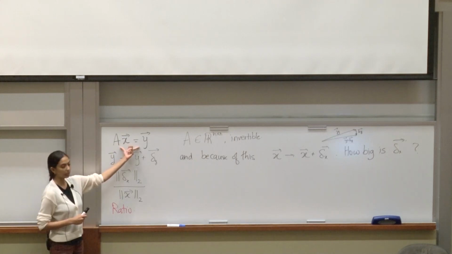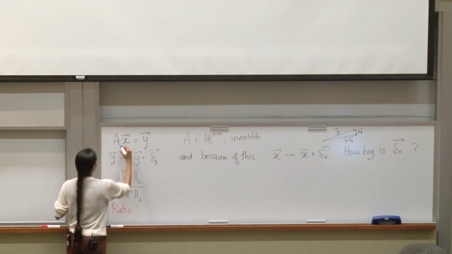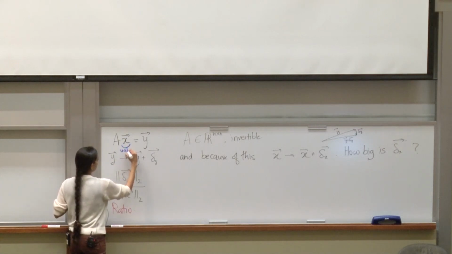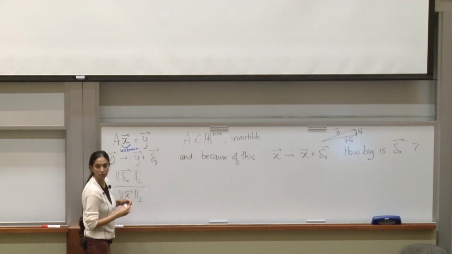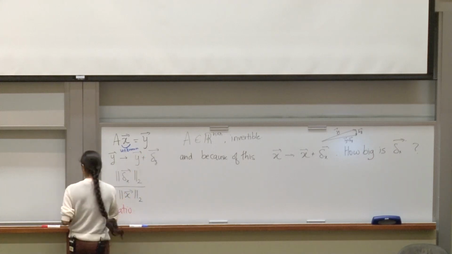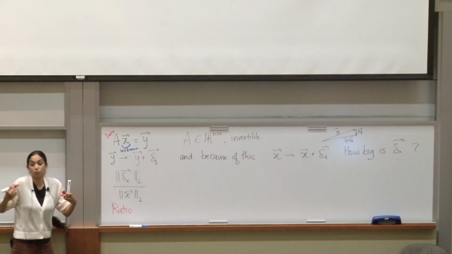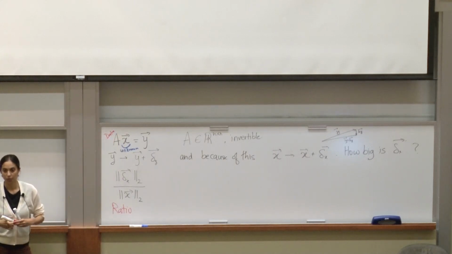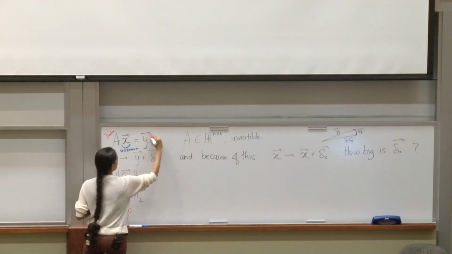When we're thinking about Ax equal to y, our x is usually our unknown, and y is our measurement. A is our data matrix, representing the experiment that we're doing. We're collecting some linear combinations, and we get an output, which are the entries of y. So this is our measurement.